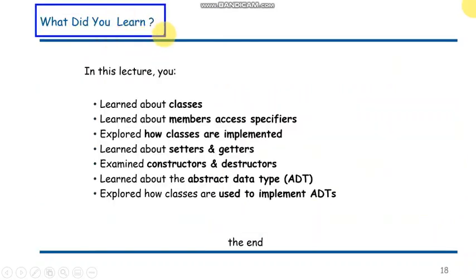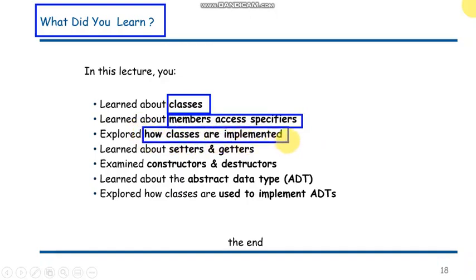What did you learn? In this lecture, you learned about classes. We had an example, class clock. You also learned about member access specifiers, public and private. You also explored how classes are implemented. On top of that, we talked about setters.